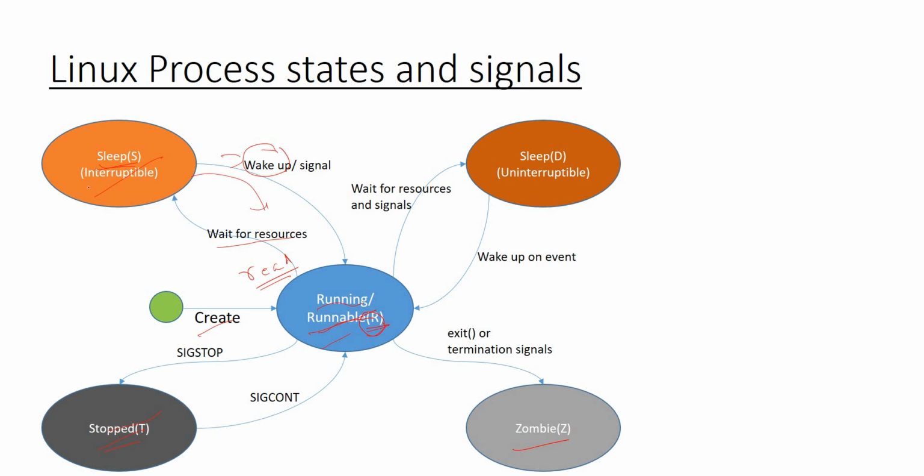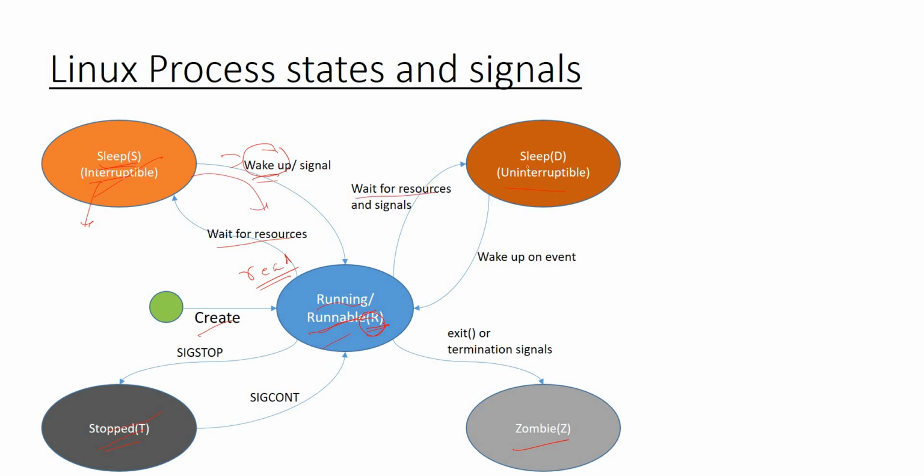While the process is waiting here for the resource, it is in interruptible state. That means we can also send a signal to wake up this process. That is why this is called interruptible sleep state. So the process which is in interruptible sleep state can be woken up when the corresponding resource is ready, and also by sending a signal to this process so that it will move from sleep state to running or runnable state.